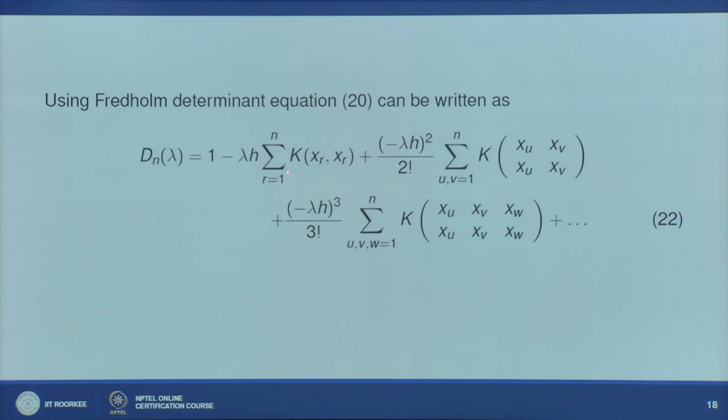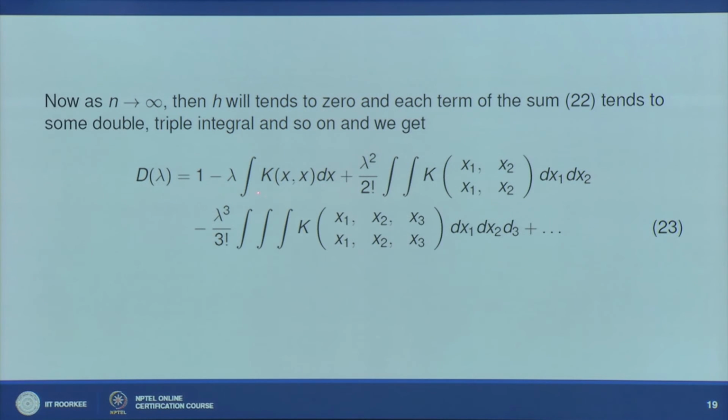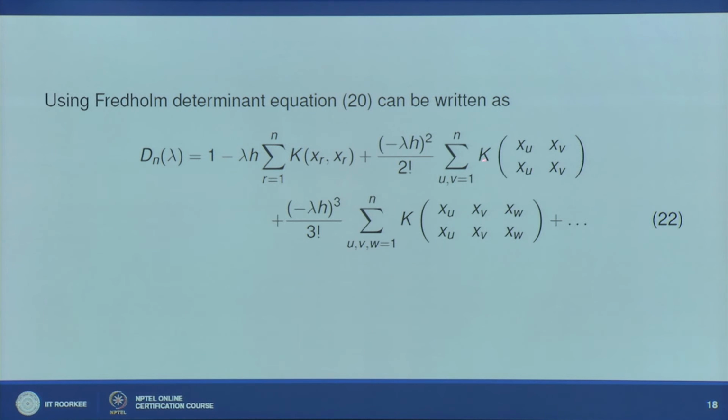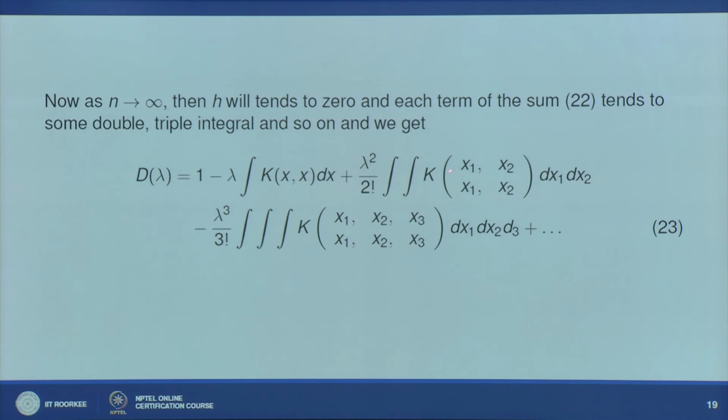So the sum of minus lambda h, r from 1 to n, K(xr,xr) goes into a single integral, with xr going to x. This gives 1 minus lambda times the integral of K(x,x) dx, plus lambda squared by 2 times the double integral of the determinant K(x1,x2; x1,x2) dx1 dx2, and so on.